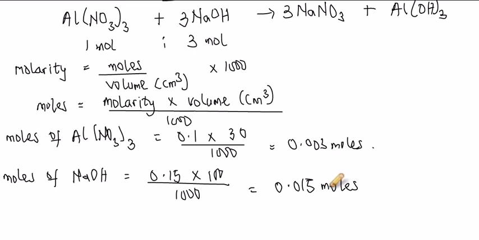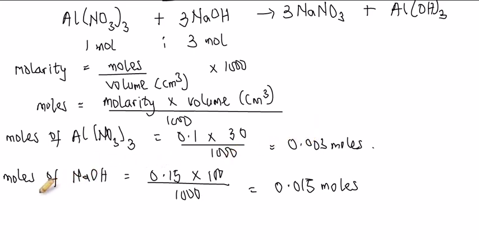Based on the equation above, if we have 1 mole of aluminum nitrate reacting with 3 moles of sodium hydroxide, what is the number of moles of sodium hydroxide that will be needed to react with 0.003 moles of aluminum nitrate? So let's do that.